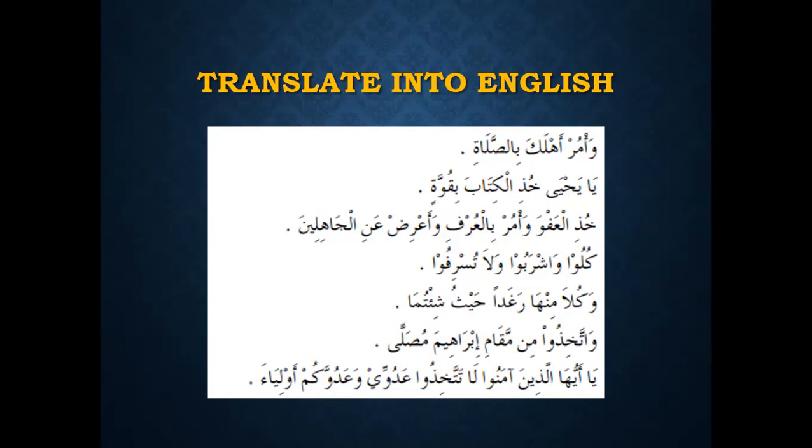Wattakhidhu, again amr, ittikhadh, wattakhidhu, take all of you, min maqami Ibrahim, from the place of Ibrahim alayhi salam, by the door of the Kaaba, musalla, a prayer place. Take that as a prayer place. Ya ayyuhalladhina amanu, O you who believe, la tattakhidhu, do not take my enemy, wa aduwwakum, and your enemy, as awliya, as friends.